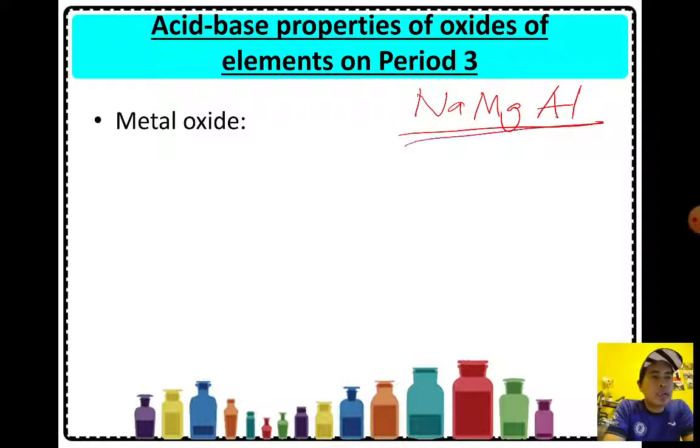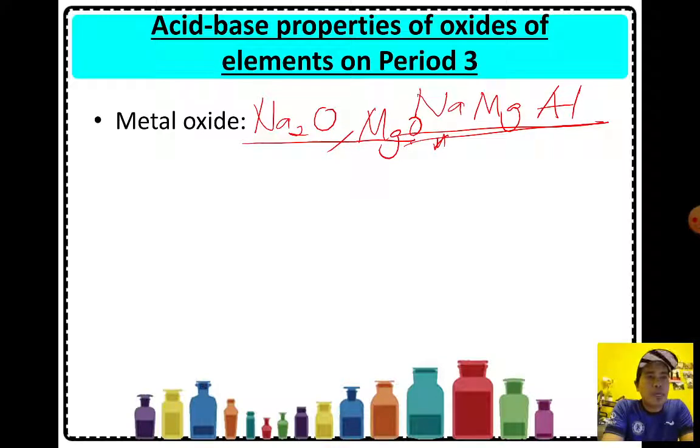Tiga ni sahaja adalah metal. So, tiga ini, when it reacts with oxygen, it will form metal oxide. Means sodium oxide, and then we have magnesium oxide.